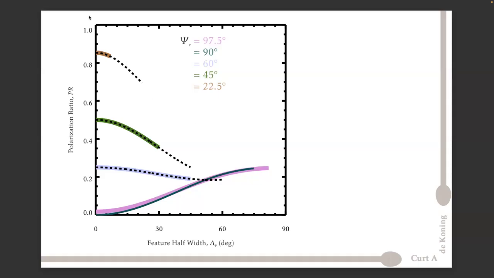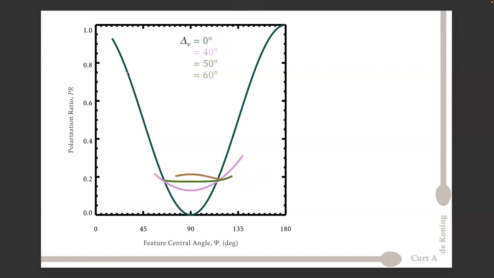If the solar wind feature is already very far from the Thomson sphere, then you start off with a high polarization ratio, but as you increase the width, you end up having more material coming closer to the Thomson sphere, and therefore the polarization ratio starts dropping.